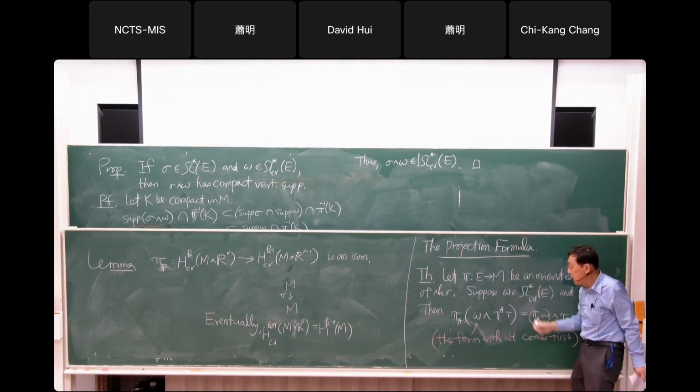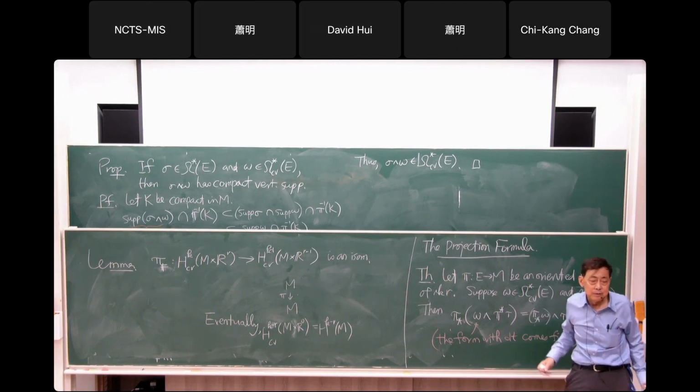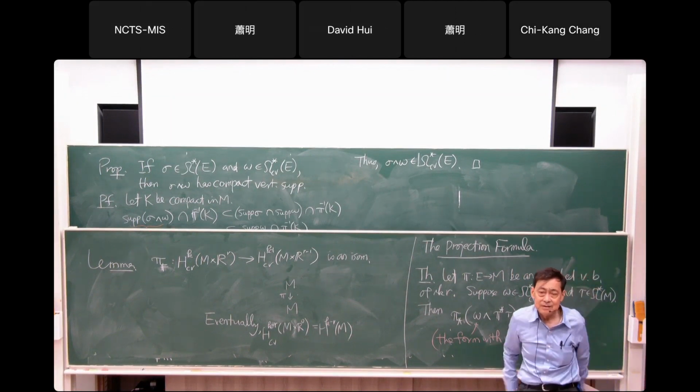Now, in general, to prove the equality of two differential forms, what is the simplification that you can do?